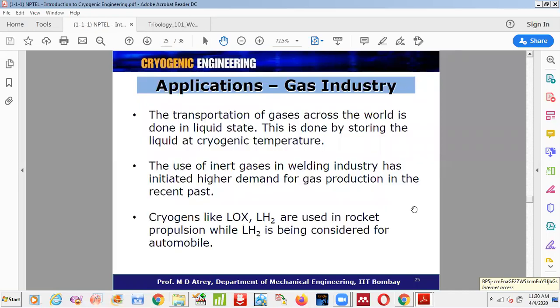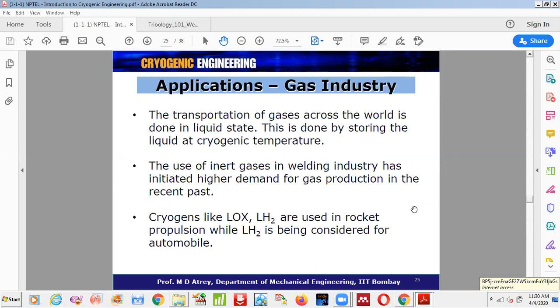Now, particularly in the gas industry, the transportation of gases across the world is done in the liquid state. Obviously, that is the true one. This is done by storing the liquid at cryogenic temperature.